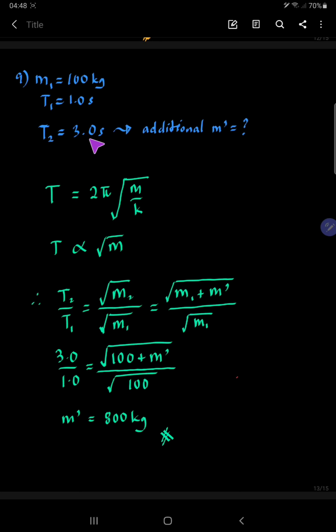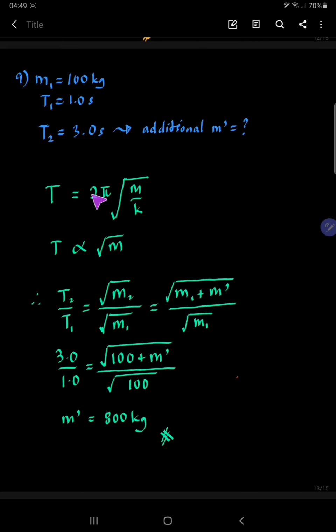According to the equation of period, T equals 2 pi square root of m over k. For the same object, what do I mean? Constant mass. Again, T equals 2 pi square root of m over k. In this case we are using the same spring, so k is constant. But now we are talking about the change of period caused by the mass.